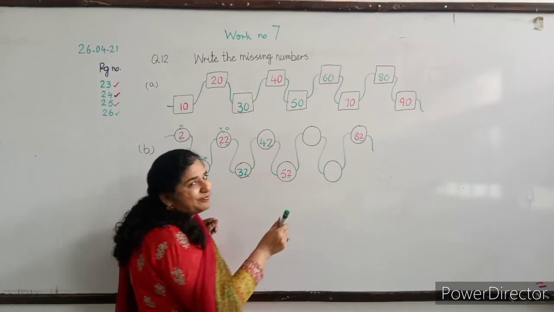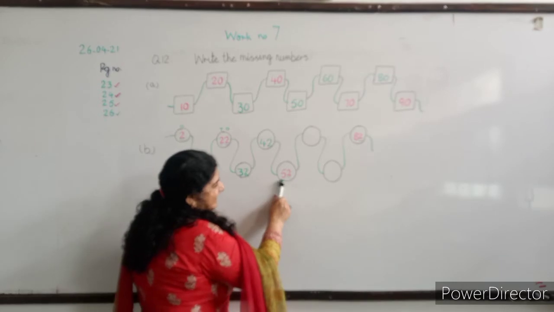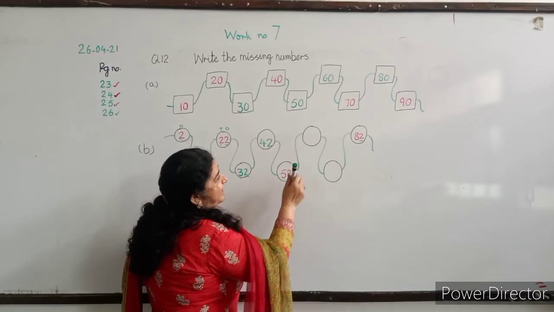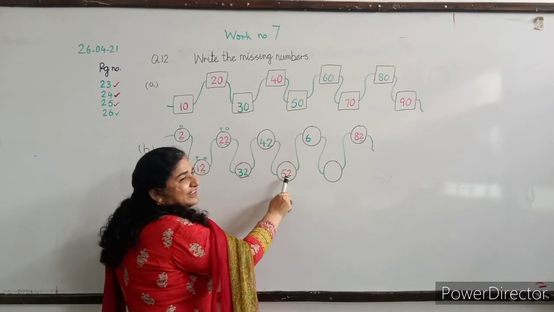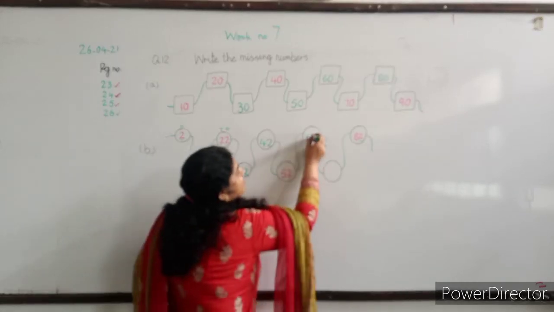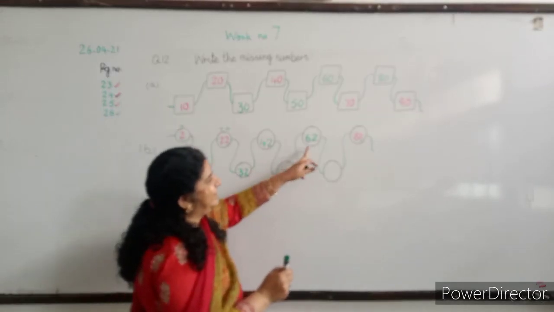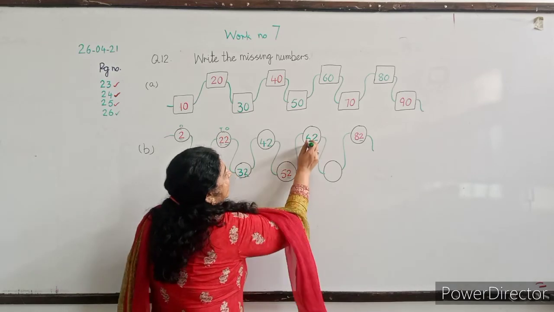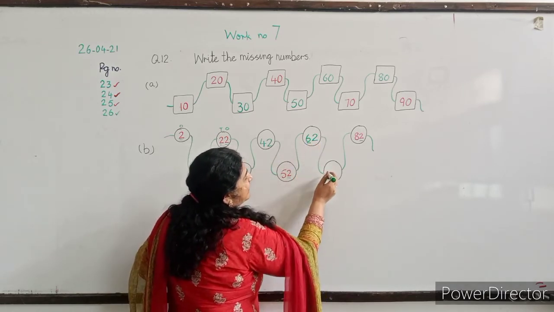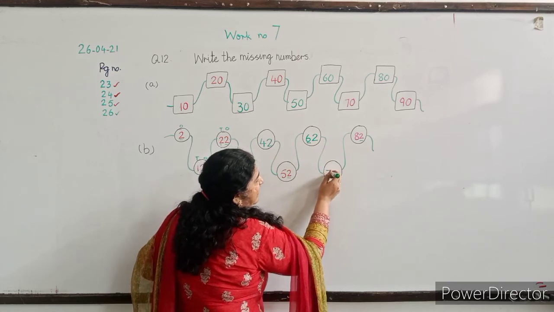Okay. Now, yes, I can hear your voices. Okay. After 5, it is 6. 6 tens and ones will remain the same. 6 tens and 2 ones. Good. Easy, children. Now, after 6 tens, again we will change its tens only. 6 tens and then 7 tens.